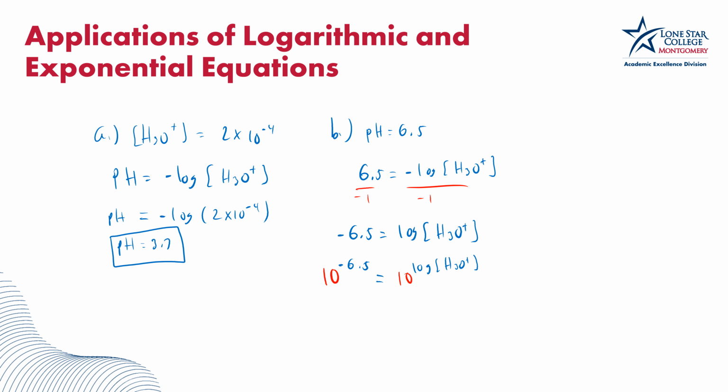Then what's going to happen on the right-hand side is the base 10 and the log base 10 is going to cancel. And we're left with just H3O plus, the concentration, on the right-hand side. Then we can calculate 10 raised to the negative 6.5, and that gives us, let's write this in scientific notation, 3.16 times 10 to the negative 7. Essentially a very, very small number. And that will be our solution.